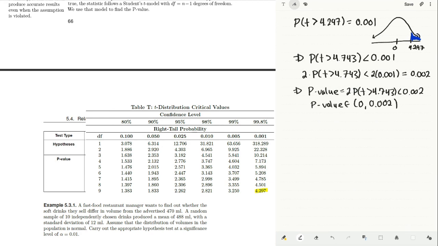Now let's compare this to the significance level. Now the p-value is smaller than alpha, which is 0.01. So we reject the null hypothesis.